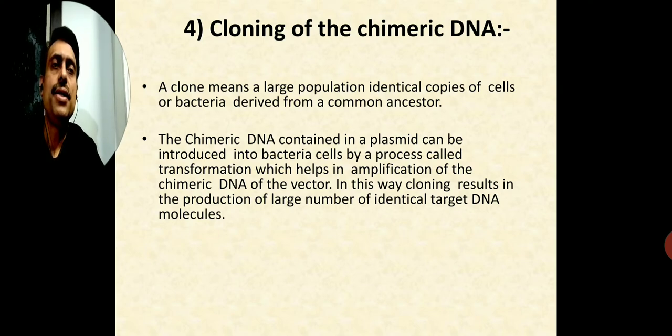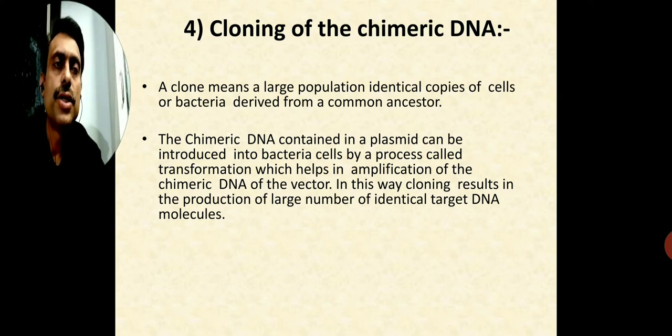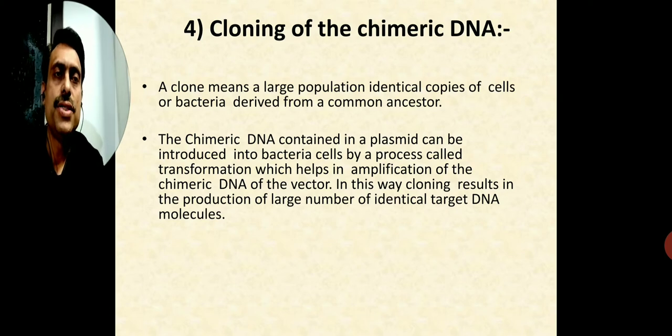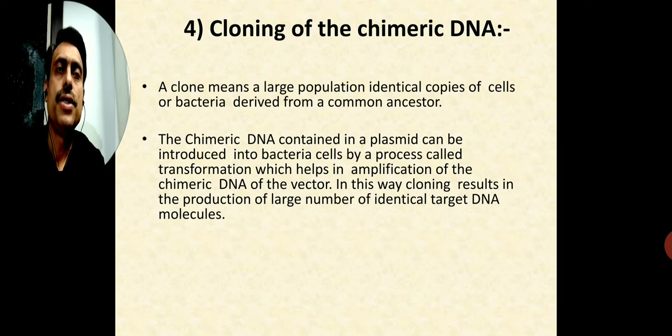The chimeric DNA contained in a plasmid can be introduced into bacterial cells by a process called transformation, which helps in amplification of chimeric DNA of the vector. In this way, cloning results in production of a large number of identical DNA molecules.